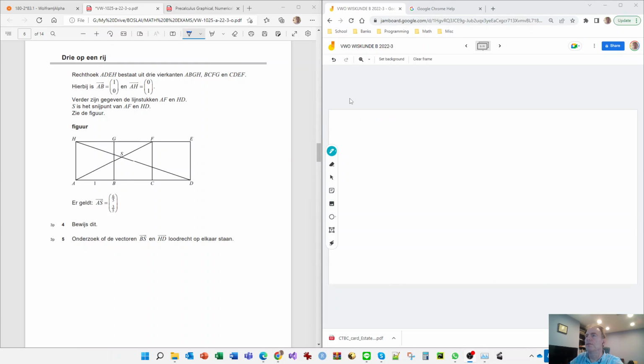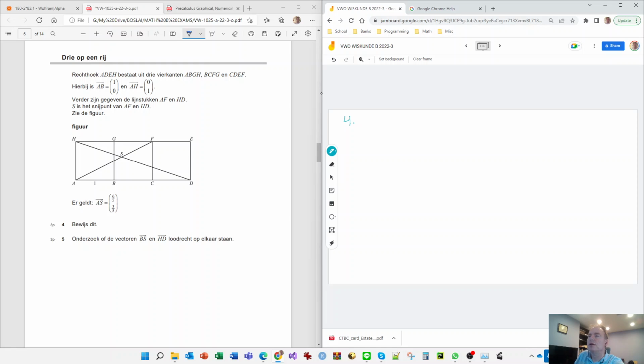All right. Question 4. We have a rectangle ADEH consisting of 3 squares, and AB is given as the vector (1, 0), and AH is given as the vector (0, 1).